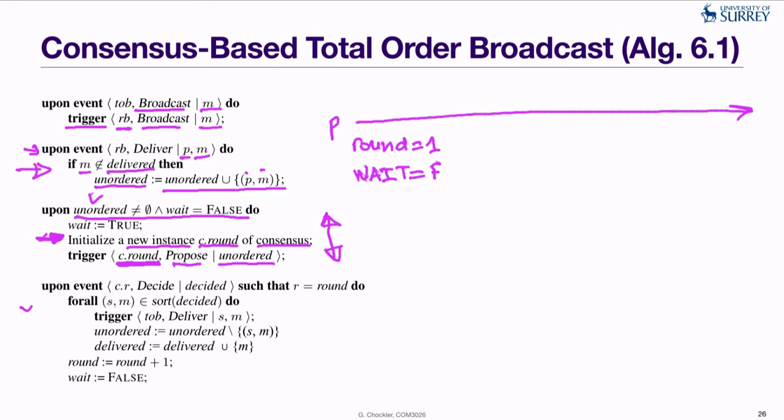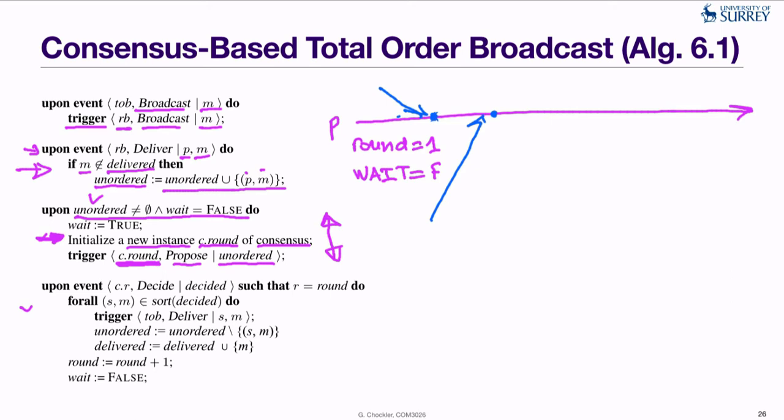Now if you look at the timeline of process P, let's say here it receives some messages from other processes from the reliable broadcast layer, say one message and another message, and then these two messages enter the unordered set.